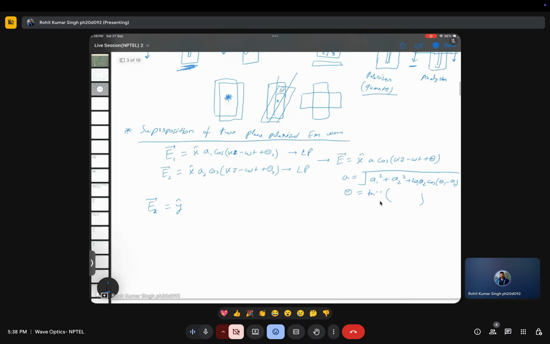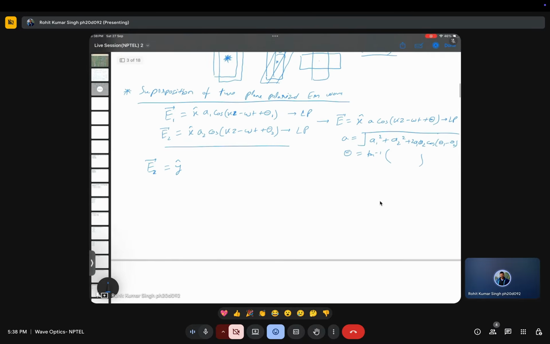Here, when we had both waves in the same direction, you got again a linearly polarized wave in the x direction, or in the xz plane. But what if your second wave is in a different direction, like in the y direction, polarized in the yz plane, and let's write its amplitude as B.